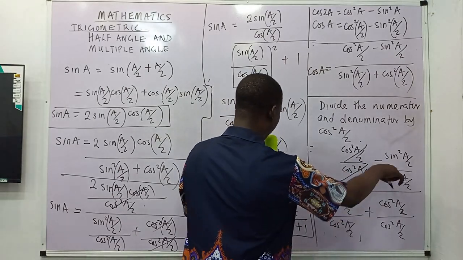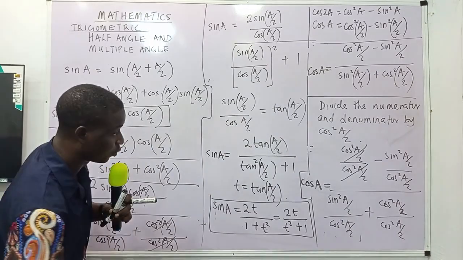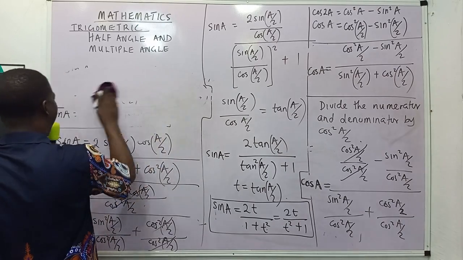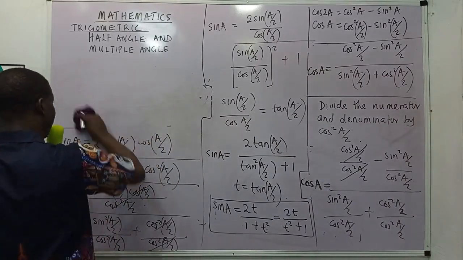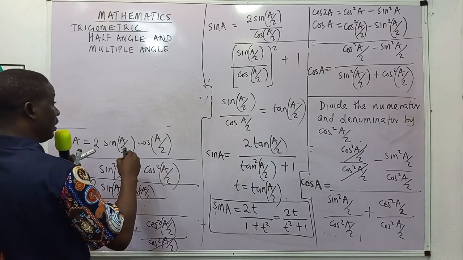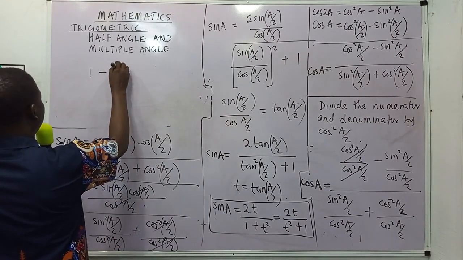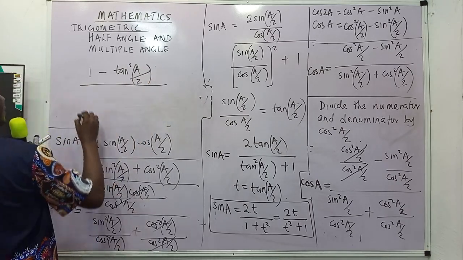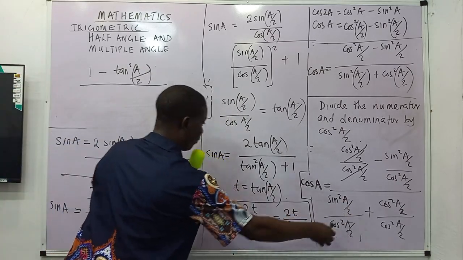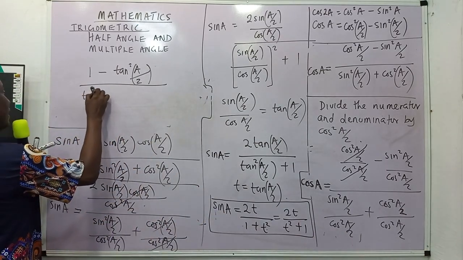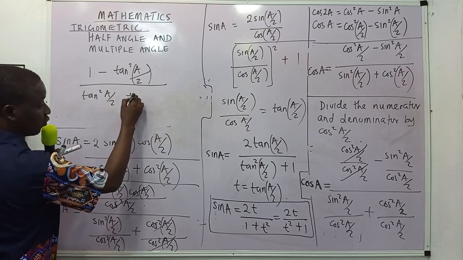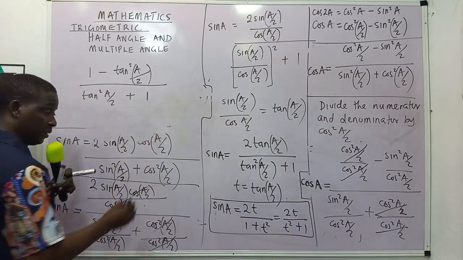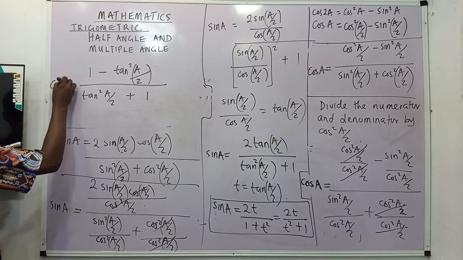Then this one will give us tan, similar to what we have done before, to give us tan square A over 2. So 1 minus tan square A over 2 is what that one will give us. Divide, this one will give us tan square A over 2 plus, this one will cancel out, that will give us 1. So that is cos A.